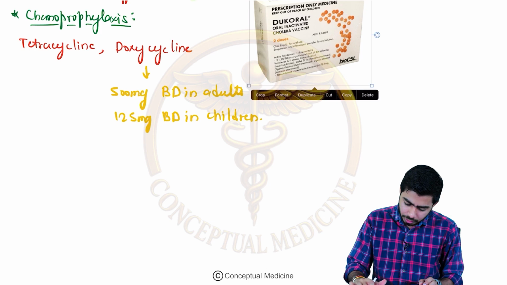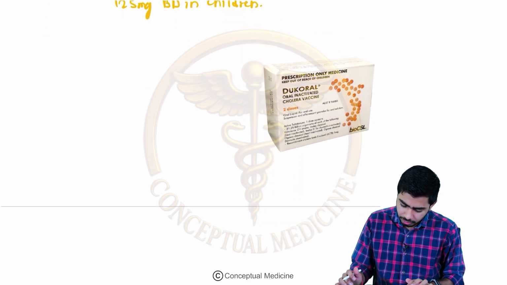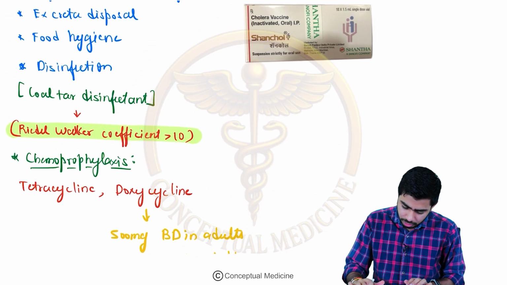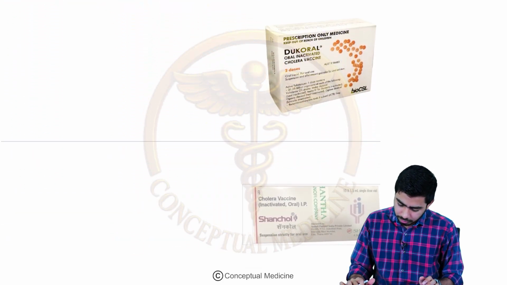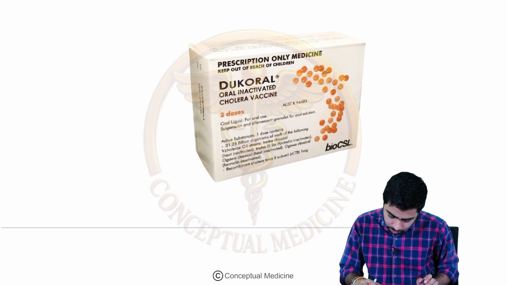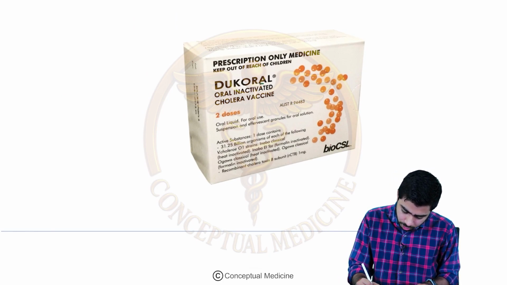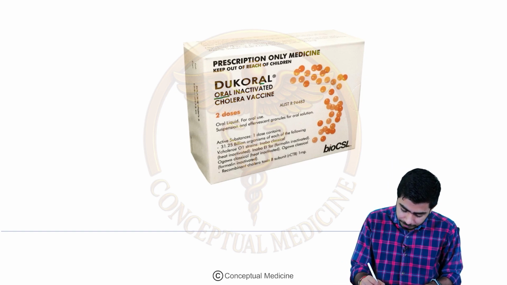So one vaccine we are talking about is Decoral, and the other vaccine is Shanchol. So these are two vaccines. For example, you can look over here, this is the Decoral vaccine, this is the oral vaccine, guys, oral inactivated cholera vaccine.